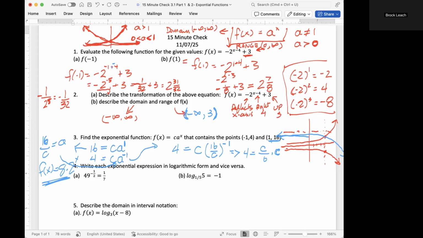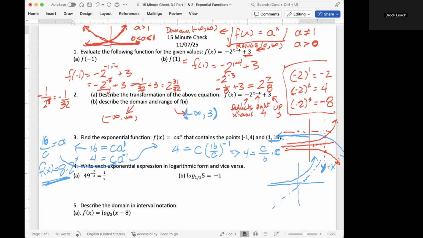Well, logarithms are inverse functions of our exponential. So they kind of undo each other. They take you from one point back. Any kind of inverse function will have a graph that goes across or is symmetrical to the y equal to x line.